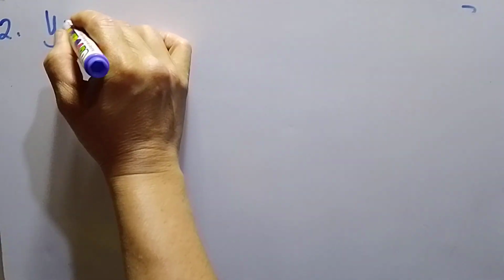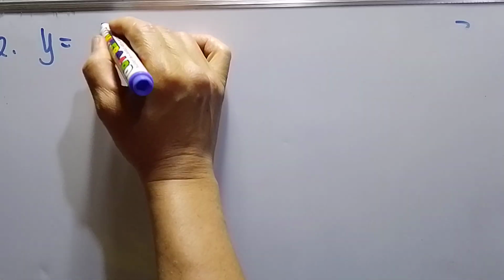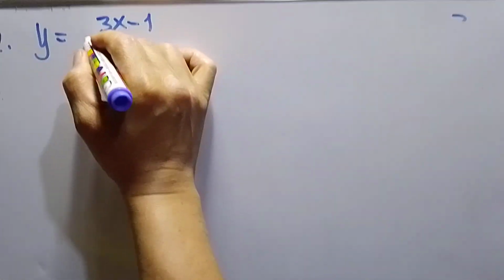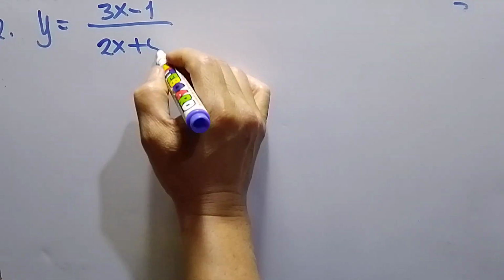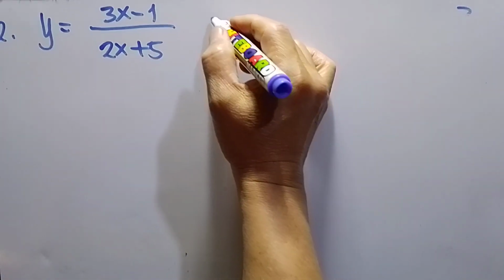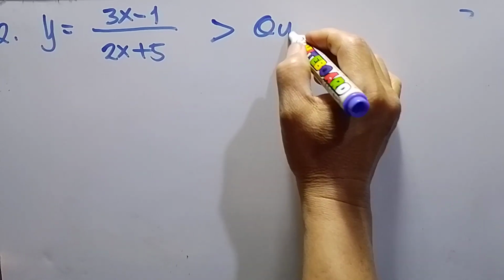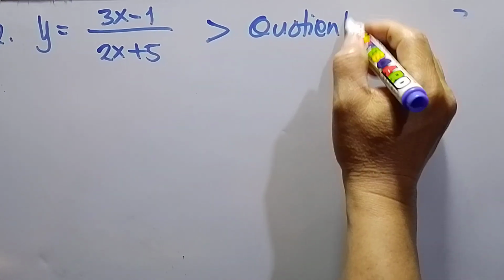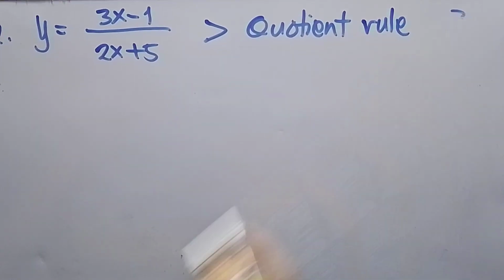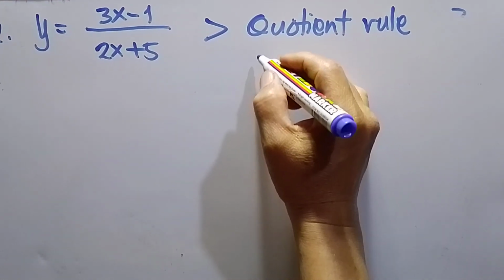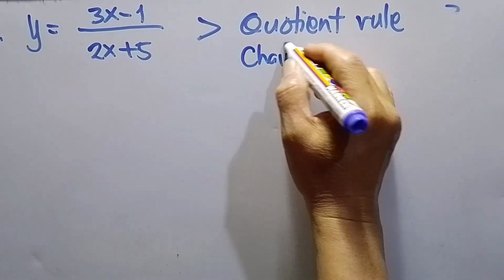Number 2, y is equal to 3x minus 1 over 2x plus 5. So take note, this is a quotient. So we will use the quotient rule. Or in some schools they say this is chain rule.